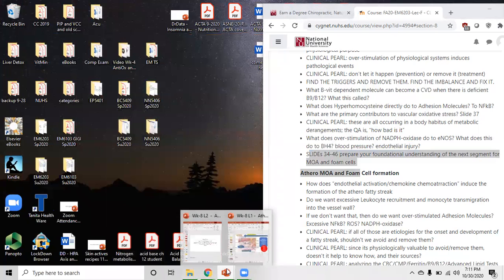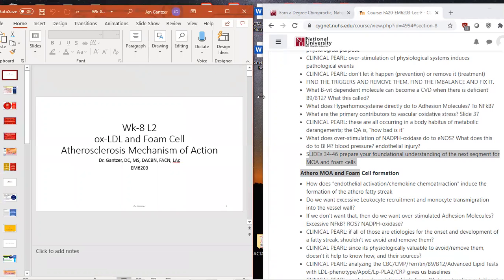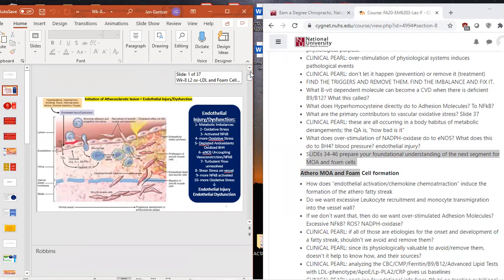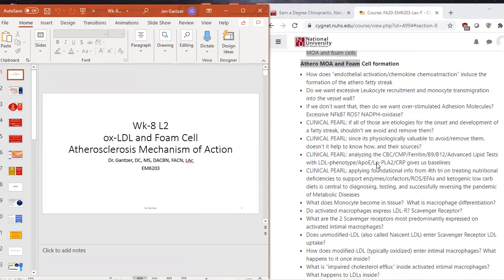So let's take a look here. All right, so we know that the foam cell is going to be the macrophage activated in the intima. So we have to recall what is a macrophage. A macrophage was a monocyte in the blood. A monocyte is going to travel, and then it gets grabbed and activated by your ICAMs and VCAMs.